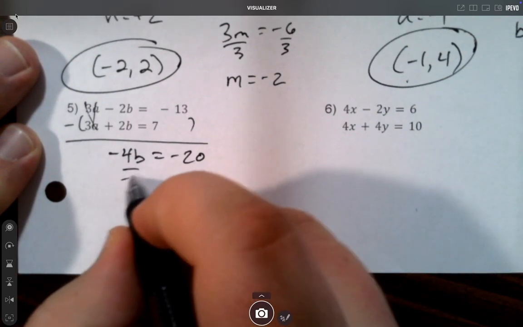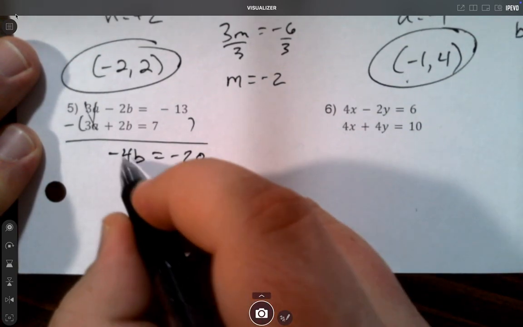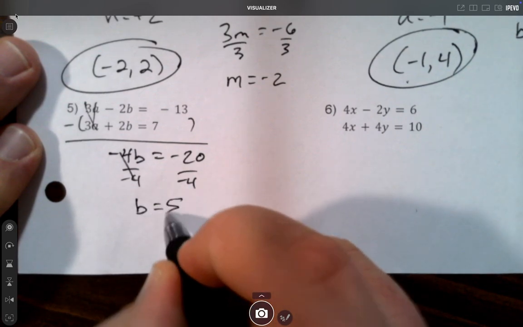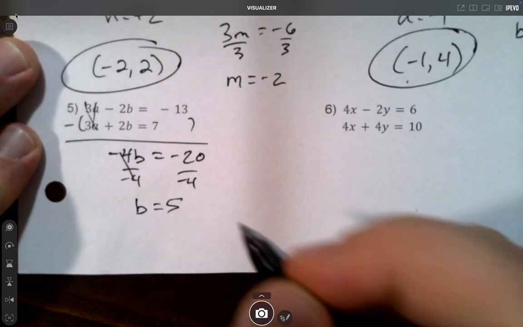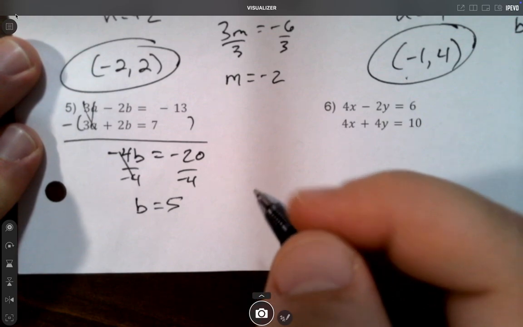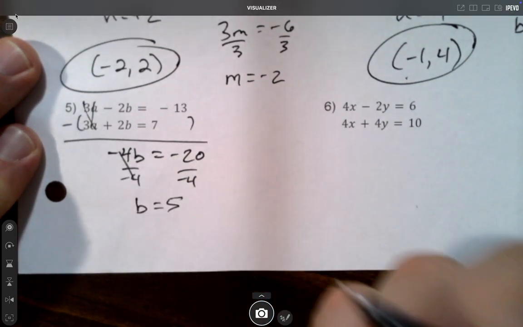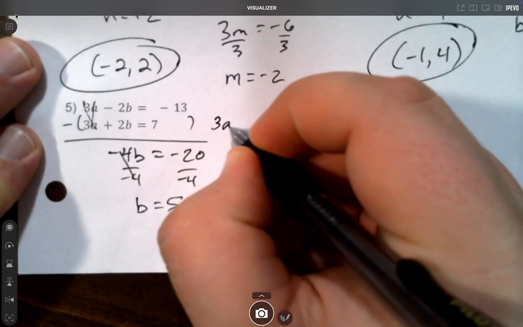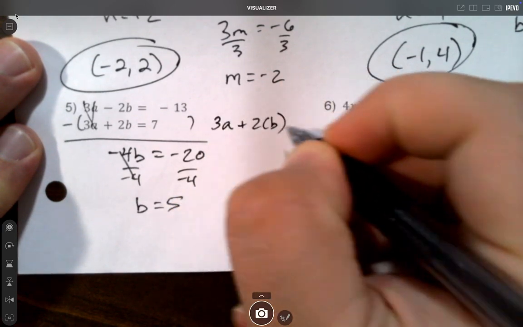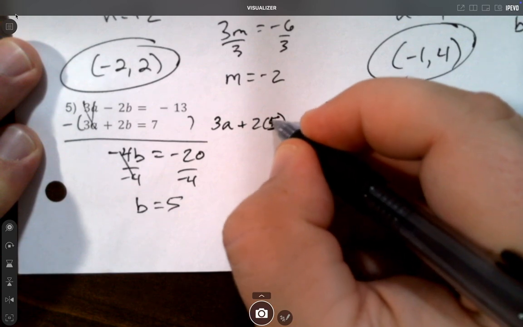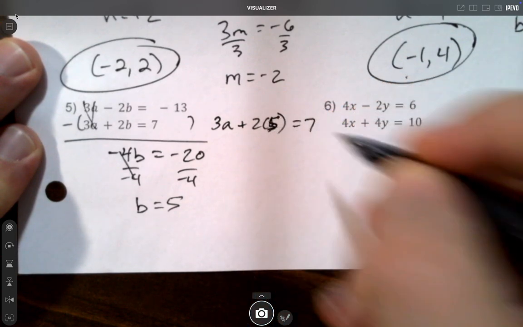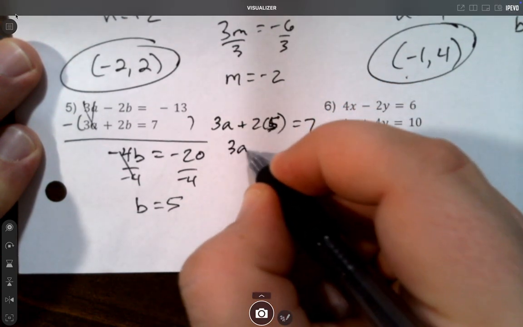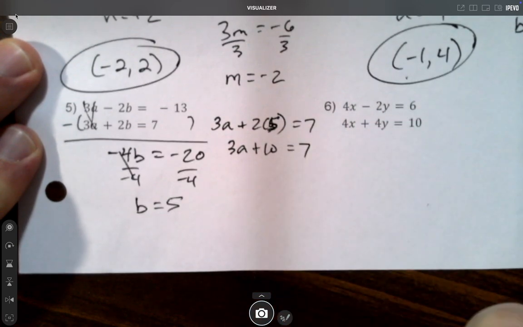Now we divide both sides by -4. Get B equals 5. So we have what B is equal to, and we can now use that to solve for A. So just for fun, I'll finally do something different and plug it in the bottom equation. We plug in 5 for B. So we get 3A plus 10 equals 7.